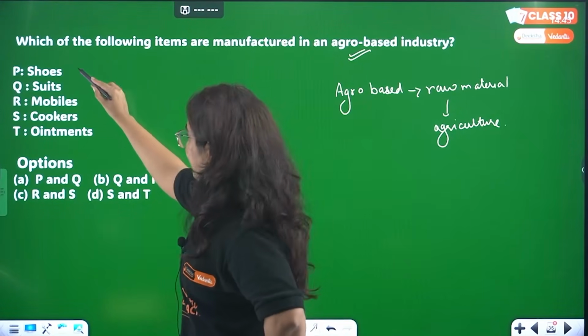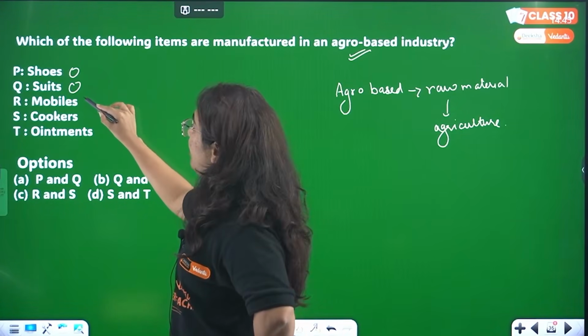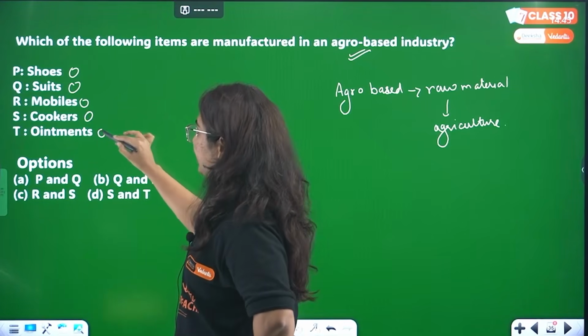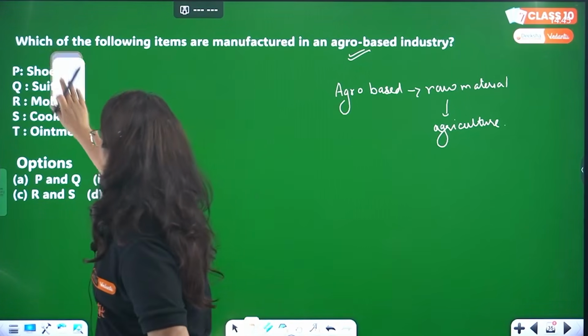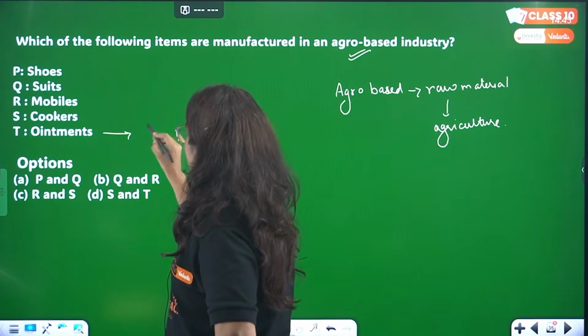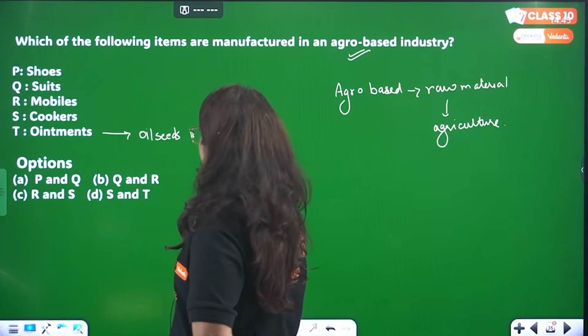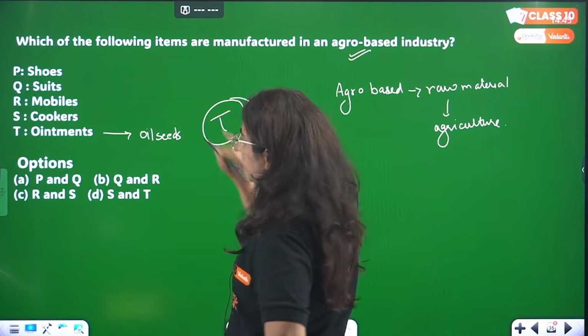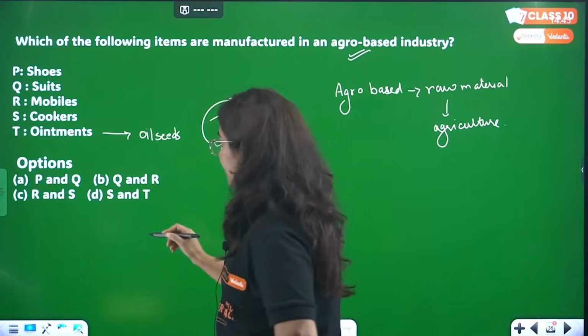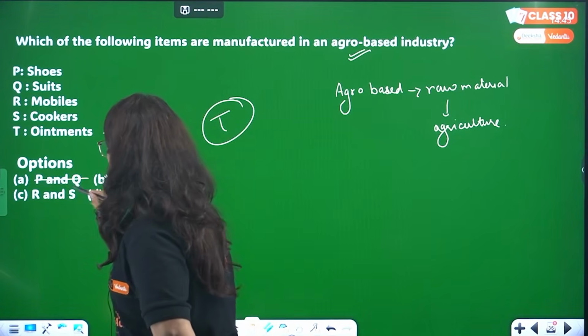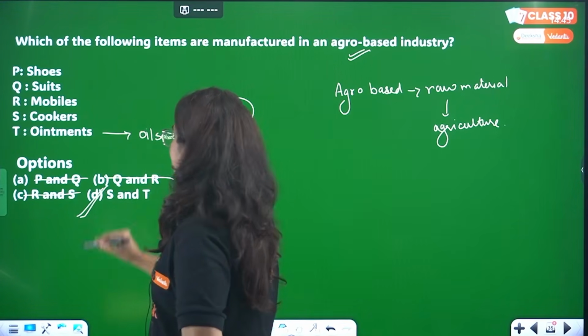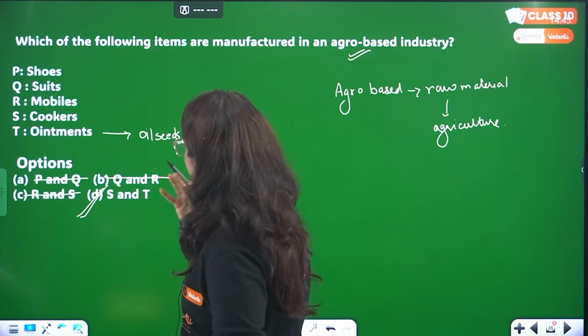Like shoes, suits, mobile, cooker, ointments. We are aware that ointments are basically made up of oil seeds. And tea is very much there. So the only option which contains tea is S and T. Arey bhai, but cooker cannot be.